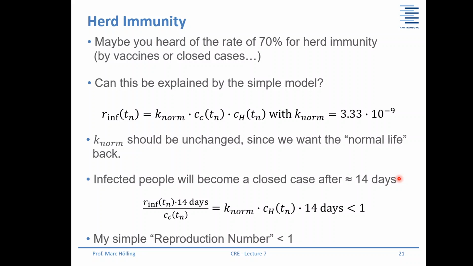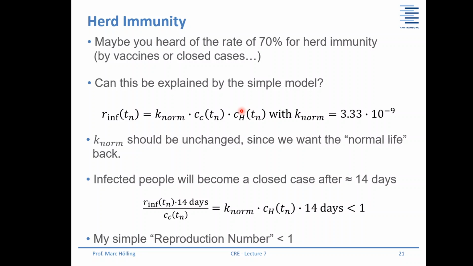So if, for example, we start with 400 people that have the coronavirus, they can infect other people with this formula here. You have your rate constant, the 400 people, and all the inhabitants of Germany, and they can do this for a duration of 14 days.